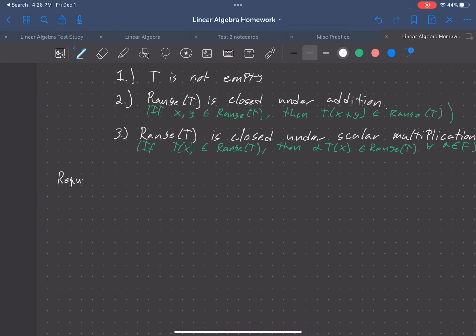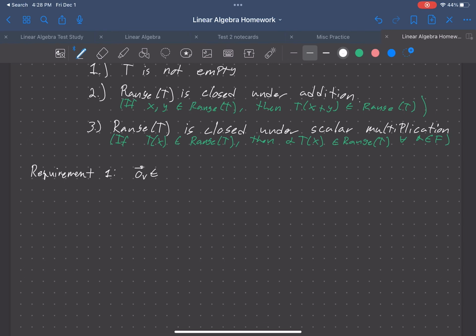But for requirement 1 of this proof, the zero vector is an element of V because it's a vector space. It's one of the properties. And so the transformation of the zero vector is going to equal the zero vector of W. They're both vector spaces, they both have zeros.